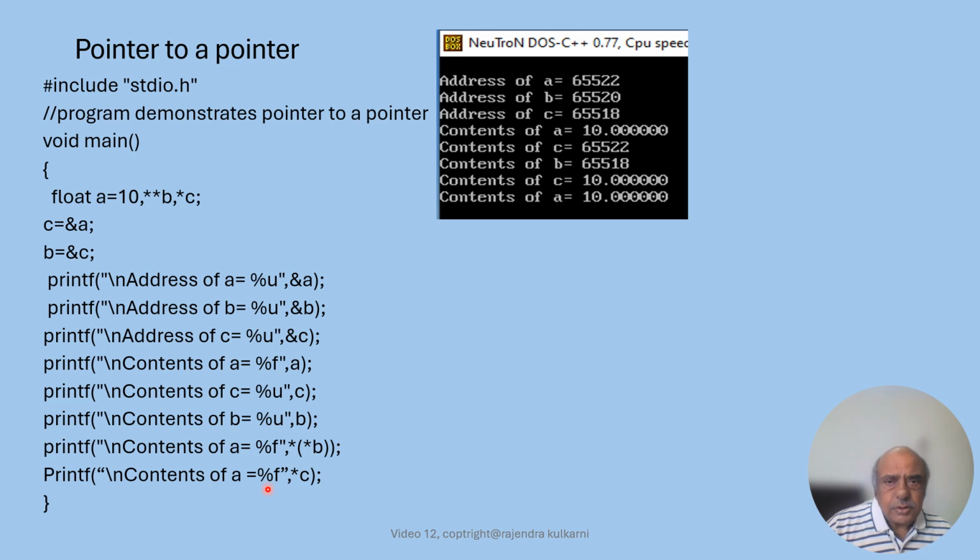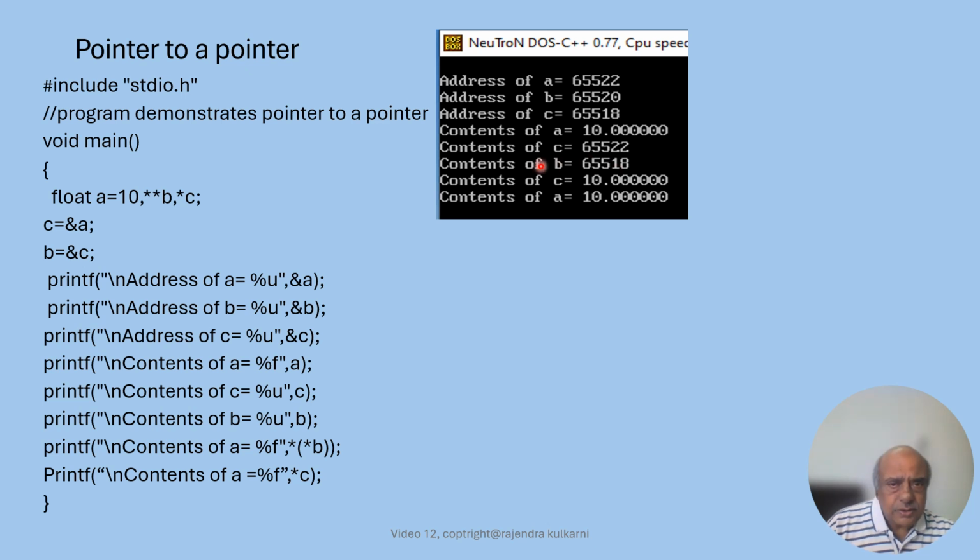So this is the output screen. I have snapped a screenshot of the output screen. Address of a, b and c in the first three output statements. Value of a obtained in the usual way of %f and writing the name of the variable.